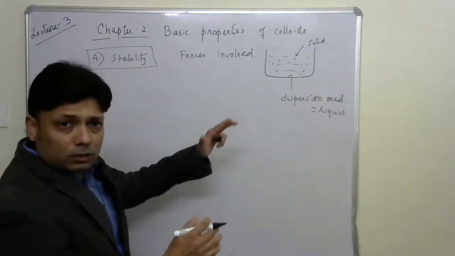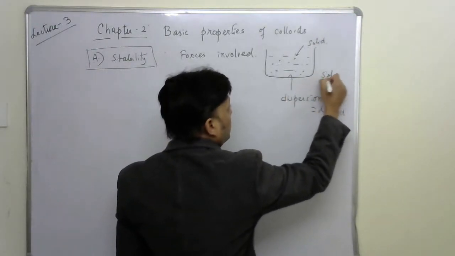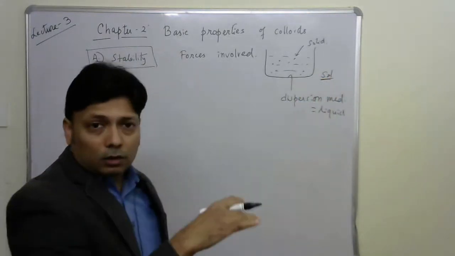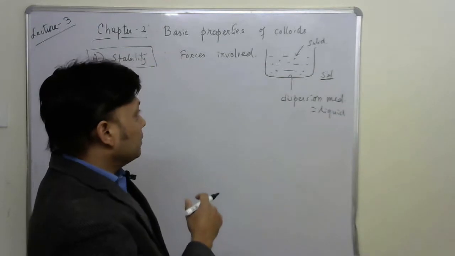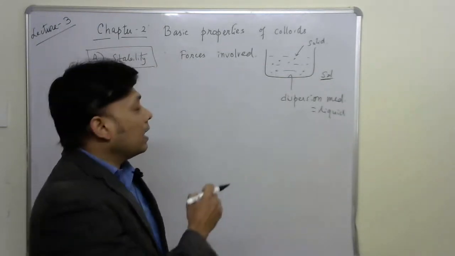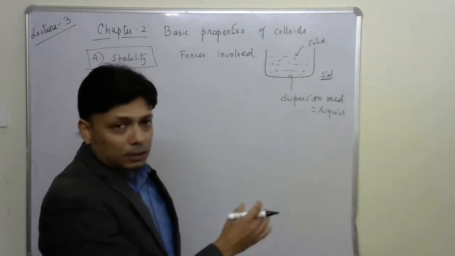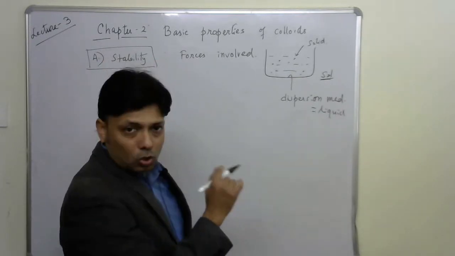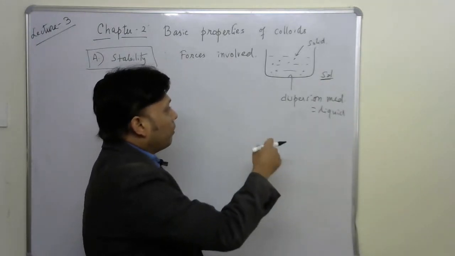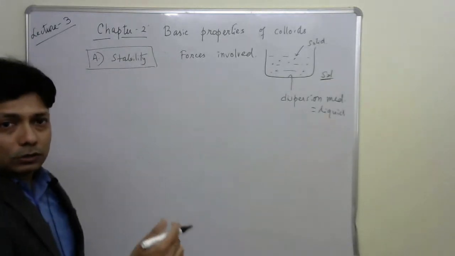We can categorize this system as a sol. If you remember our definition in the introductory lecture, if we have a solid dispersed phase and a liquid dispersion medium, we call it a sol. So similarly, we are now talking about a system where we have particles dispersed in any liquid, maybe water.